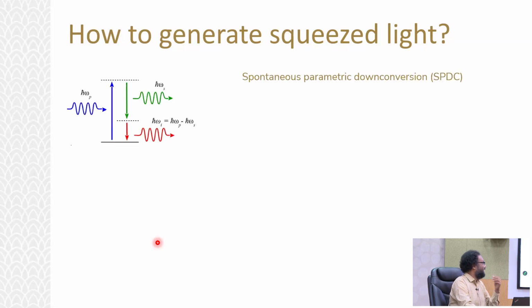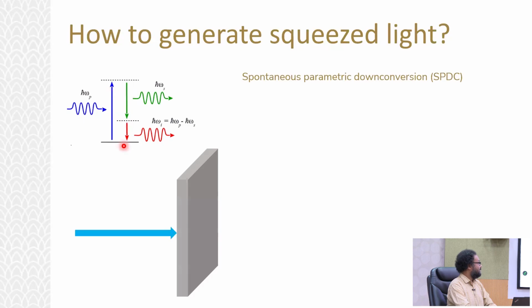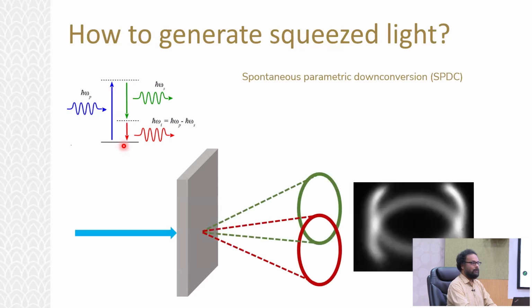So what happens is you come with a photon of very high energy, similar to the optical parametric amplification we have seen in the other class. This photon spontaneously down converts in a nonlinear crystal due to a second order nonlinear process to generate a signal and idler photon.